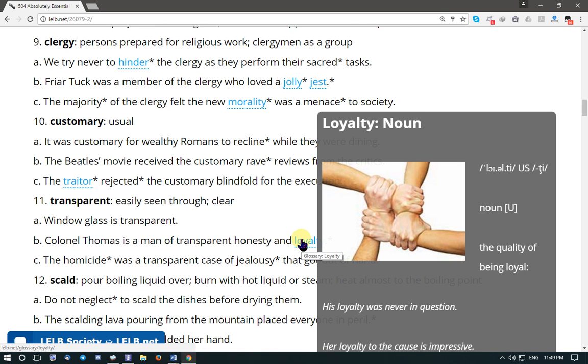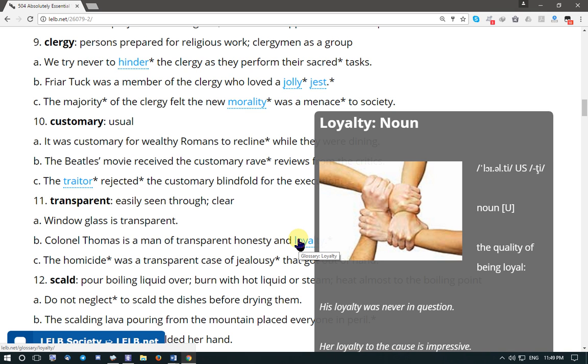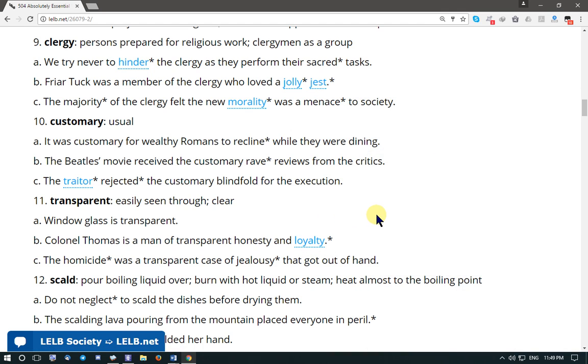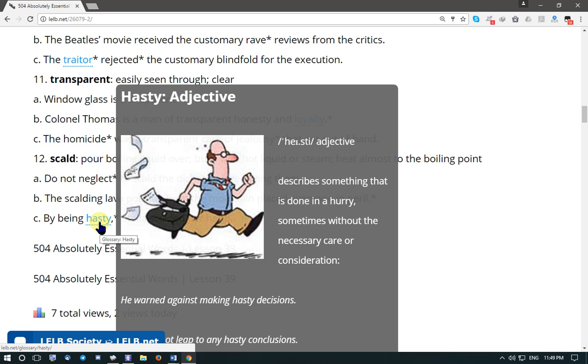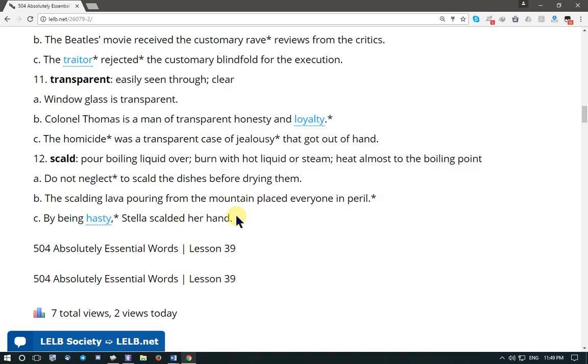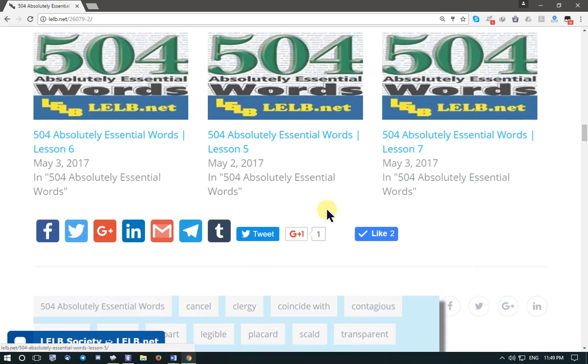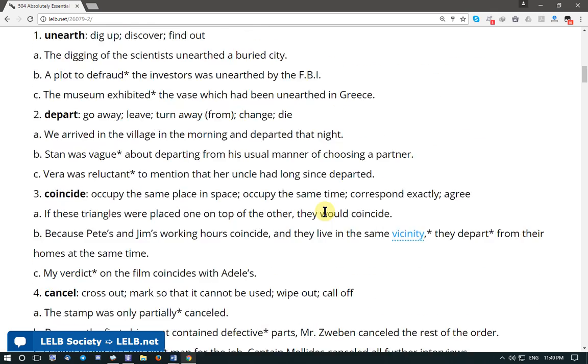Loyalty, it's clear, it means fraternity, brotherhood, cooperation and alliance. And hasty means rash, in a hurry, hurried. Yeah, that's it.